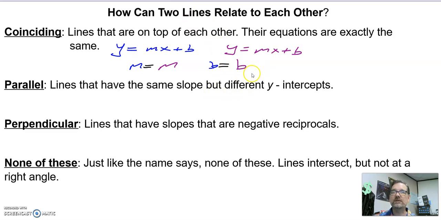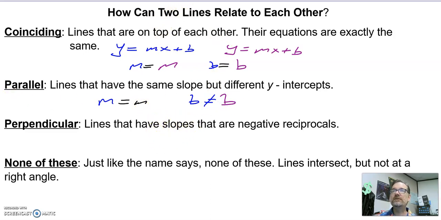We're going to need to remember this for tomorrow. Parallel lines are lines that have the same slope but different y-intercepts. So if m equals m, but b does not equal b, then these lines are parallel.